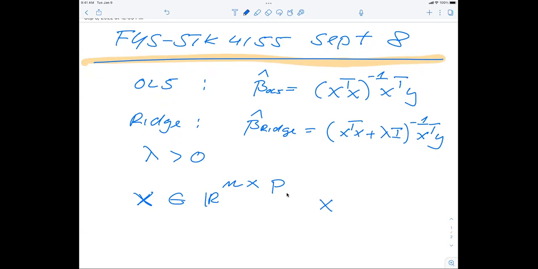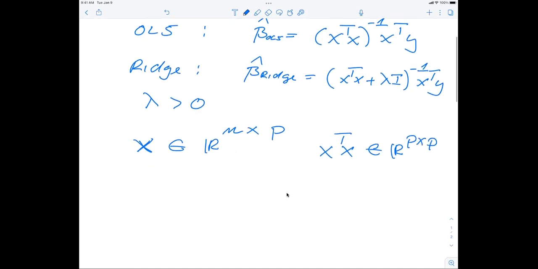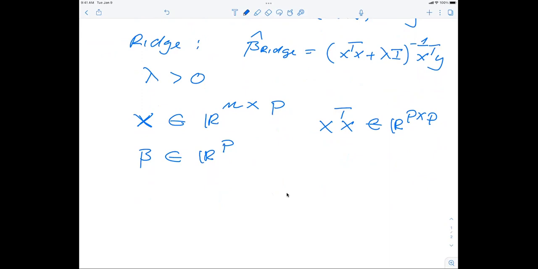In our case, in project 1, this is going to be the number of parameters in a polynomial fit. And then X transpose times X is a matrix of dimensionality p times p. Just a quick reminder of the dimensionalities here. The parameter beta is given by p elements.